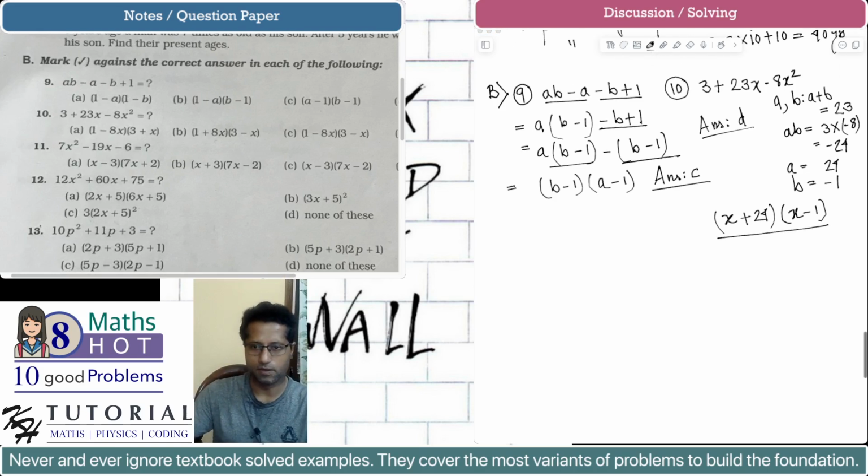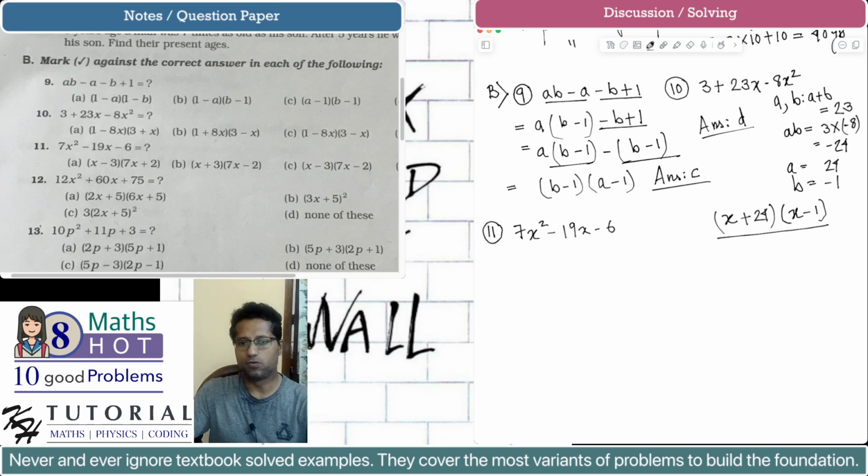Problem number 11 is also a problem on factorization. We have to factorize 7x square minus 19x minus 6.